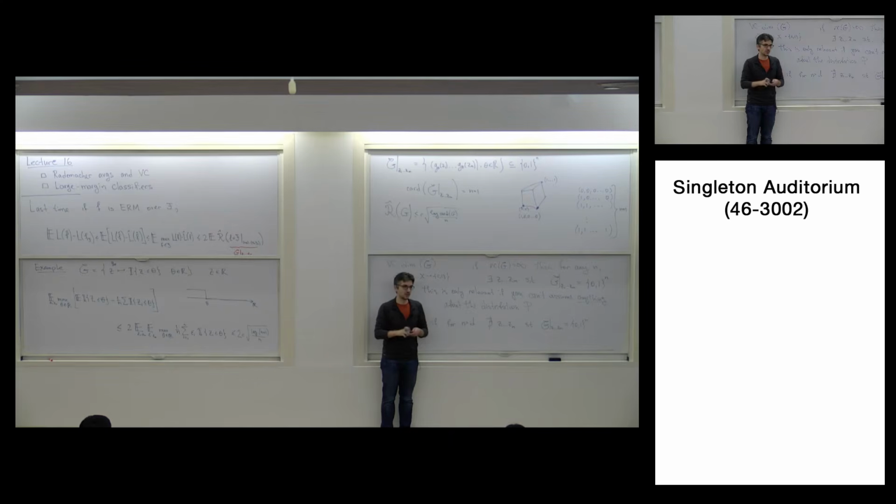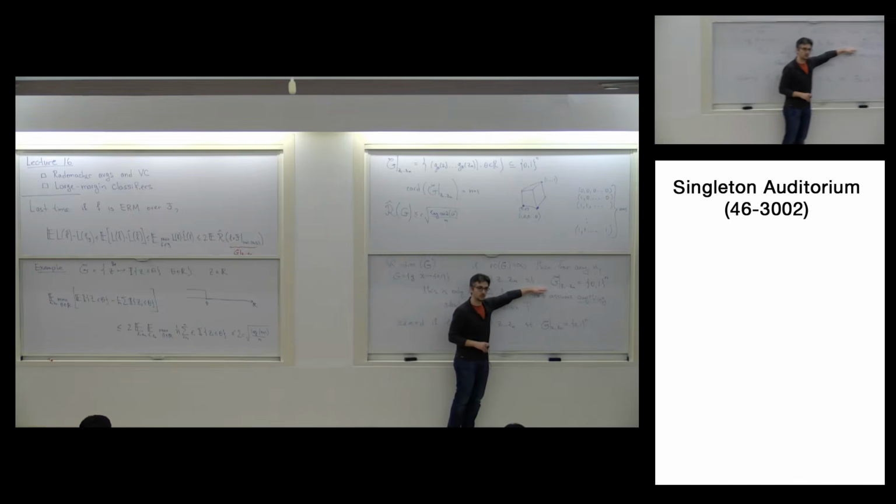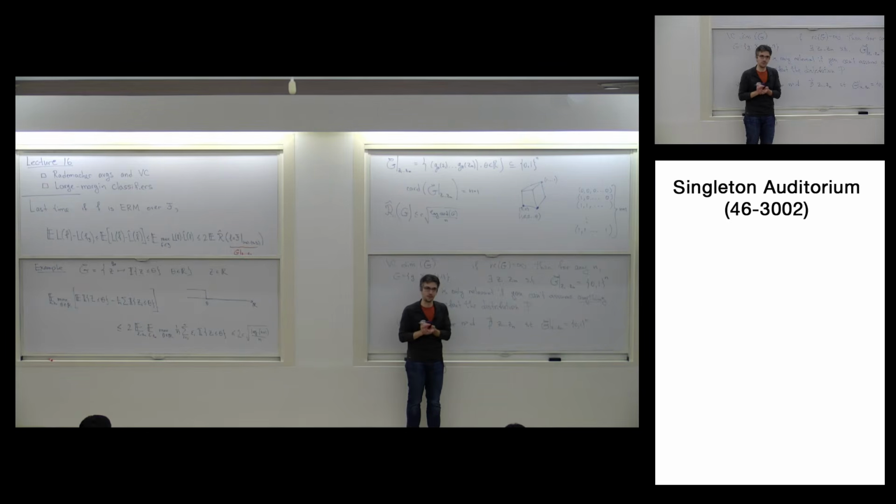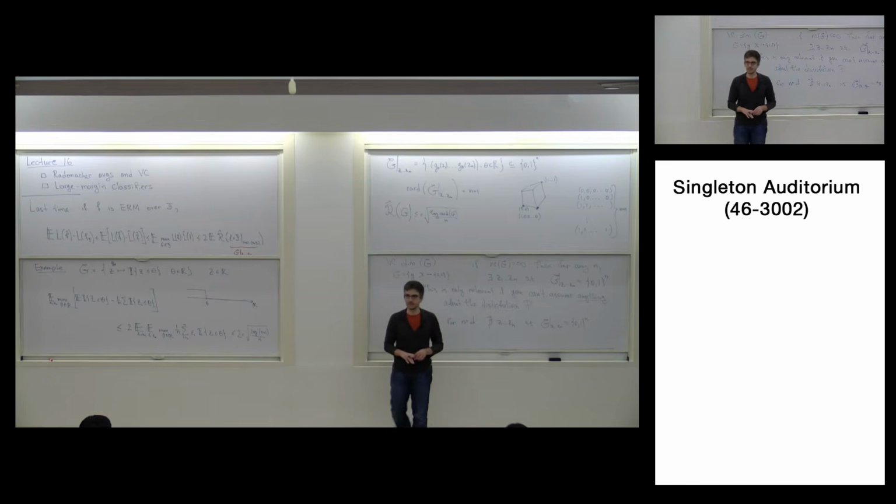The wonderful thing is it cannot happen. Either you get the full hypercube or you get a vanishingly small fraction of the hypercube. And that's the famous Sauer-Shelah-Vapnik-Chervonenkis theorem, discovered around 68, 69.